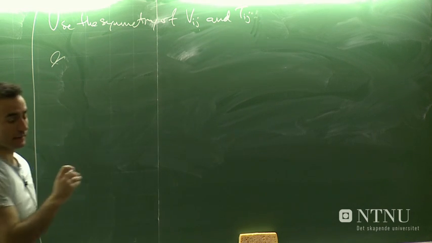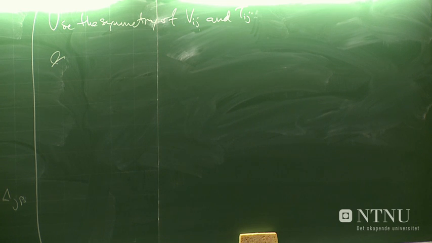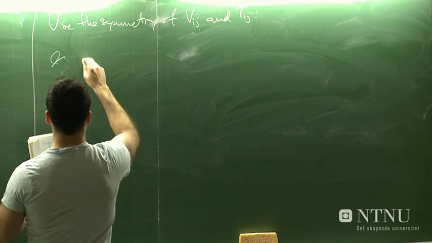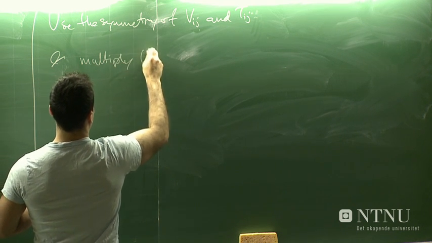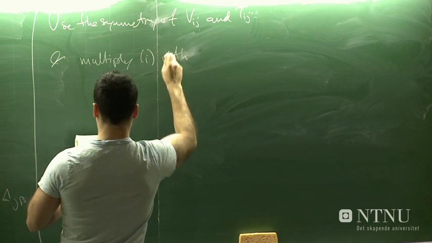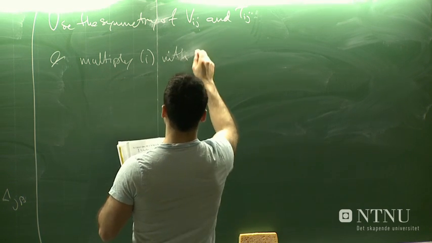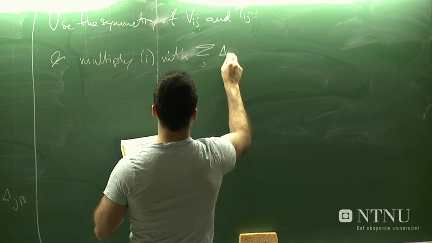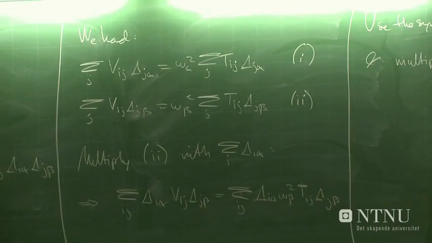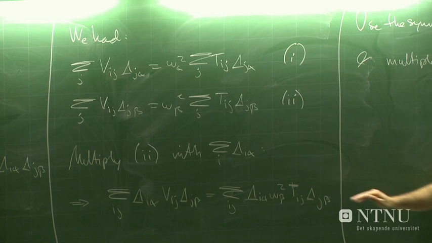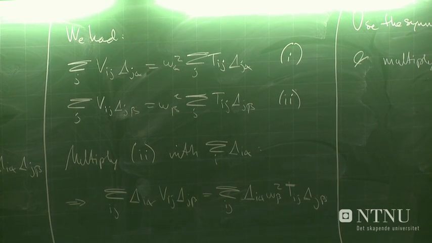So let me do that. I use the symmetry of Vij and Tij, so I exchange the indices. And in addition to this, I multiply the first equation with the same type of sum, only now over delta J beta.